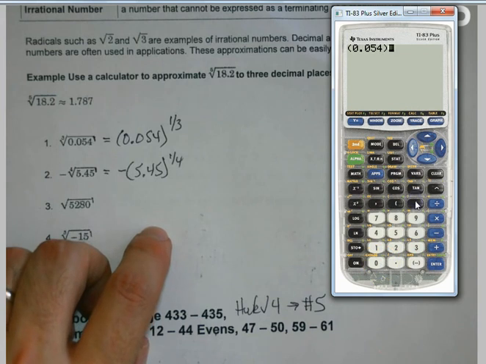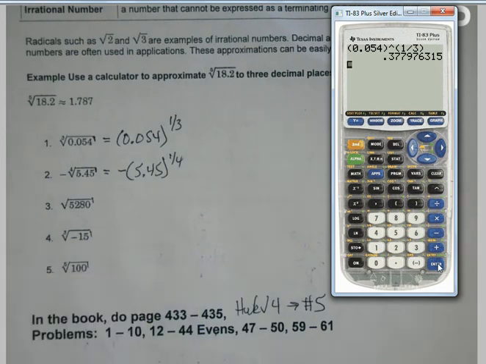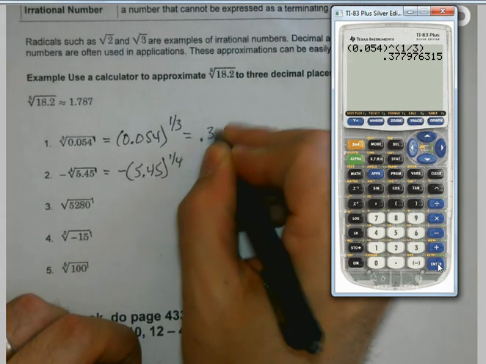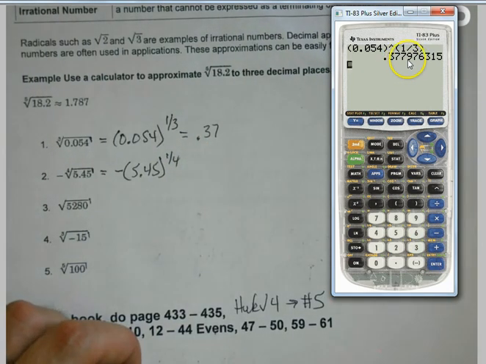Just type in your value, and when you make your exponent, if you have a fancy fractional one, awesome. If not, just make sure you get that in parentheses, and we're going to 3 decimal places. So 0.37, and when you get to here, remember the number after is determining if this stays the same or goes up.